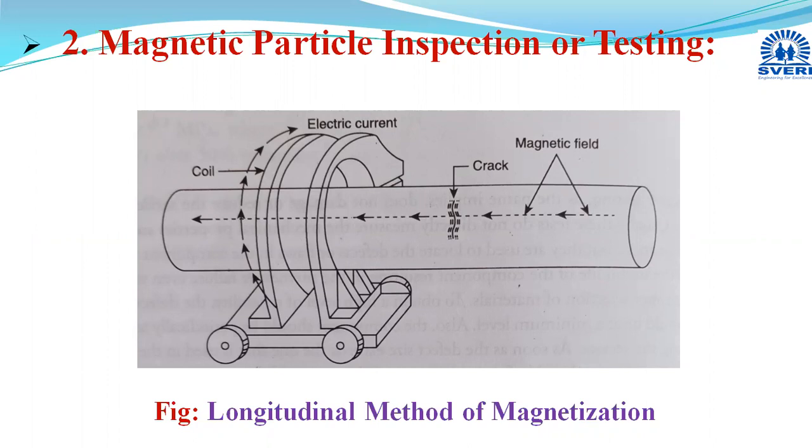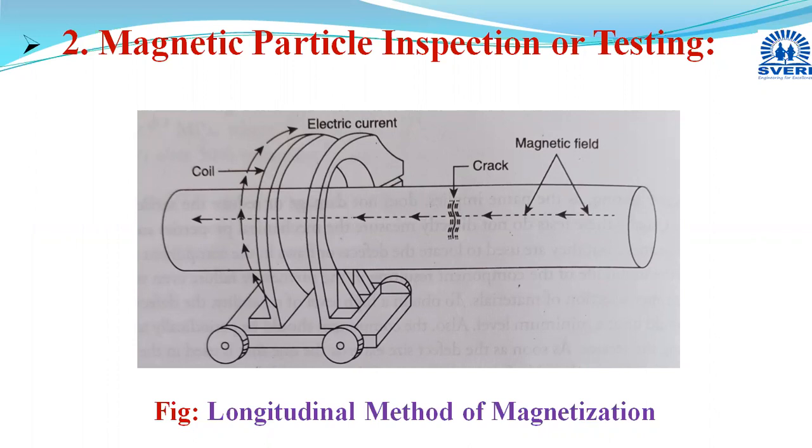Fluorescent ferromagnetic powder is used, and when ultraviolet rays fall on it during inspection, it emits greenish and yellowish light, so the defect is easily identified. Greenish yellow colored light will be shown at the spot where the defect is present. That is termed the magna glow method.